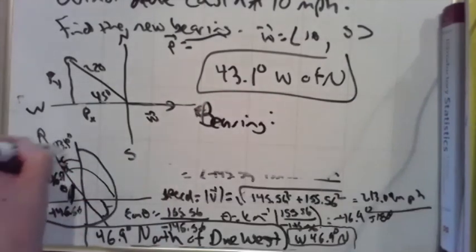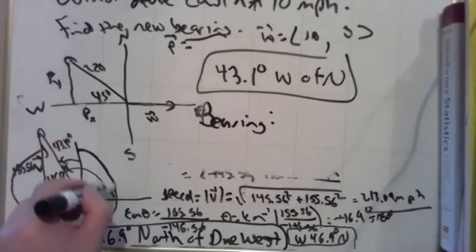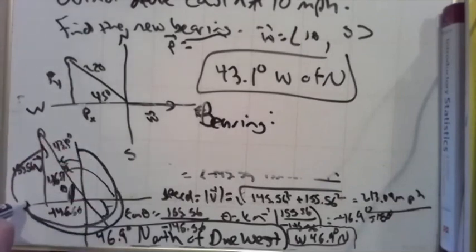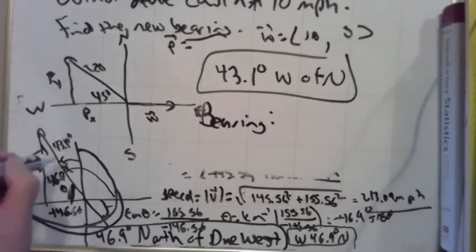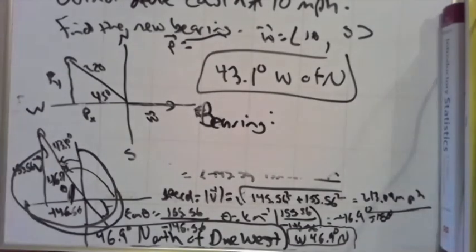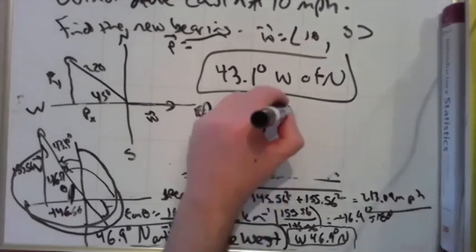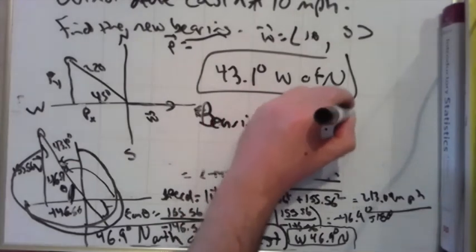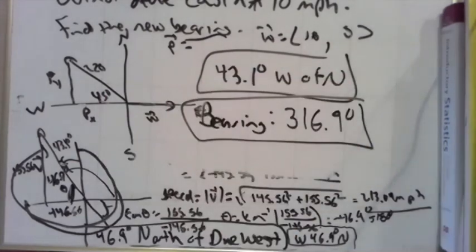I could do 360 minus that 43, or there's 270 plus an extra 46. So I don't want to do that in my head. But 270 plus 46.9, 316.9. That's the bearing. And that's the way pilots think. If you tell them your final direction is going to be a bearing of 316.9, they would understand that.